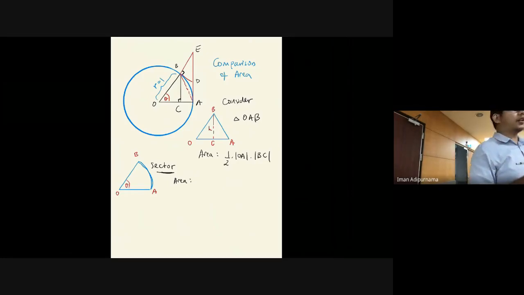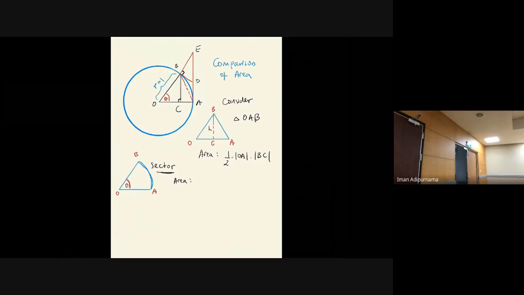How about the area of the sector? Anyone remember how to find the area of a sector? You have a slice of pizza. Can you calculate the area if you know the angle and the radius? We need the ratio of the angle theta to the whole angle of the circle, 2 pi.